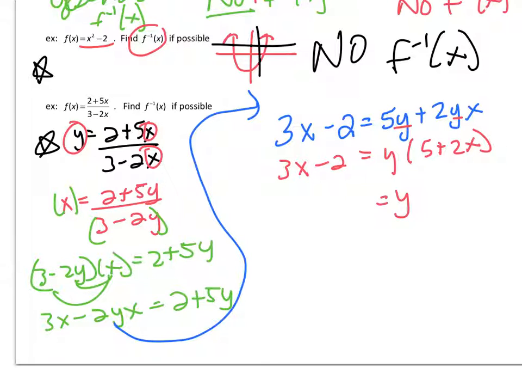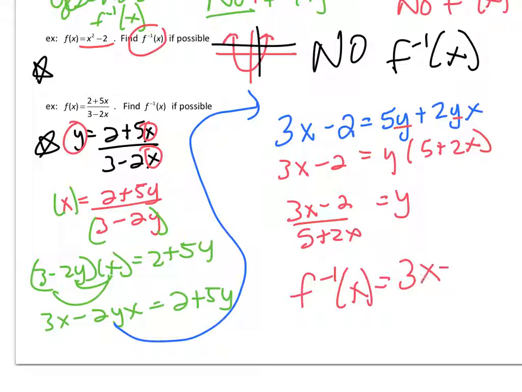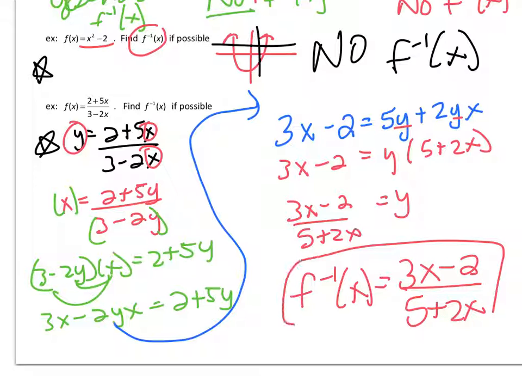And then my y is 3x minus 2 over 5 plus 2x. So my inverse is 3x minus 2 over 5 plus 2x.